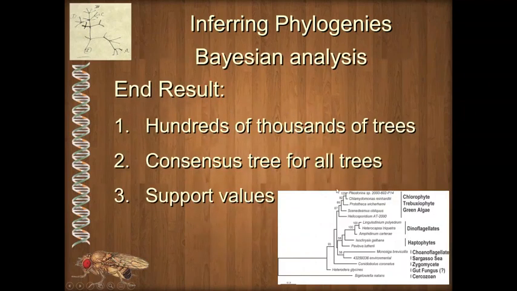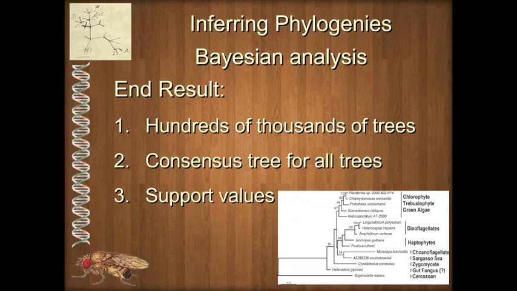So for instance, if this relationship between Pleodorina and Chlamydomonas, these 2 species, if that is found in every single one of those good trees that we've saved, then we put 100 there, representing 100% of the time. If a set of relationships, so these 3 species together, is only found there in 82% of the trees, then we put that number there. And if a set of relationships is not found in a majority of the trees, we collapse that node down and we make it a polytomy.